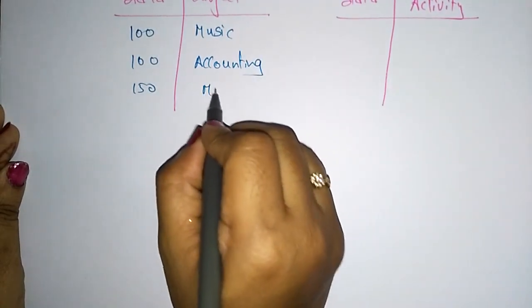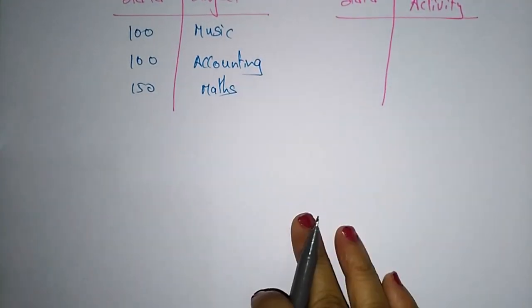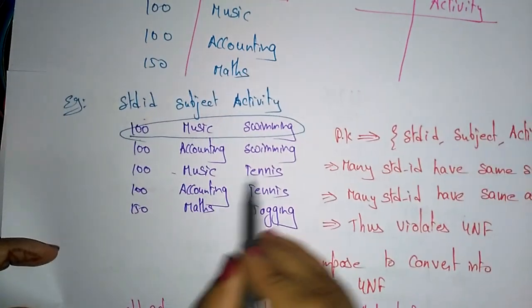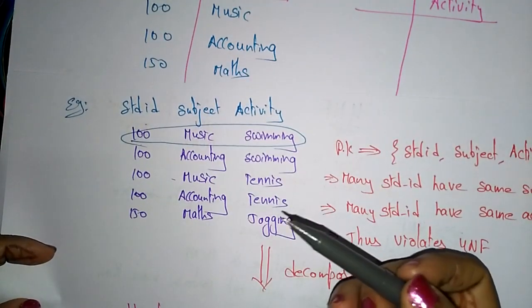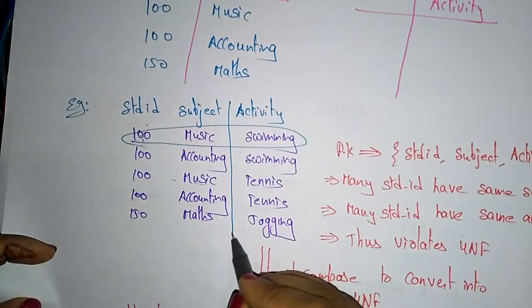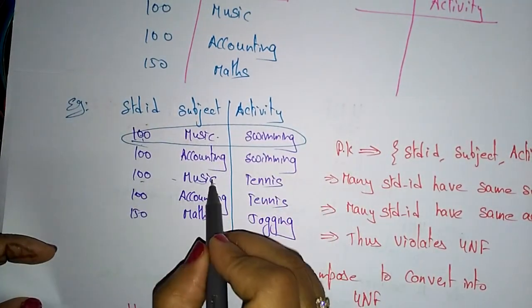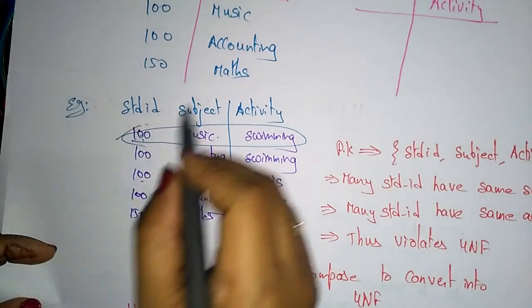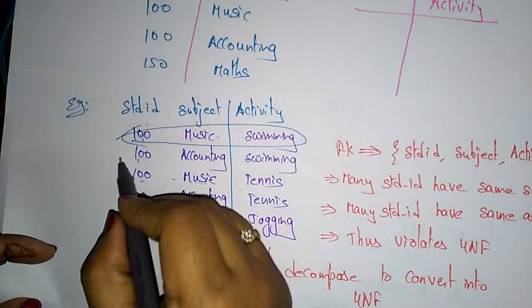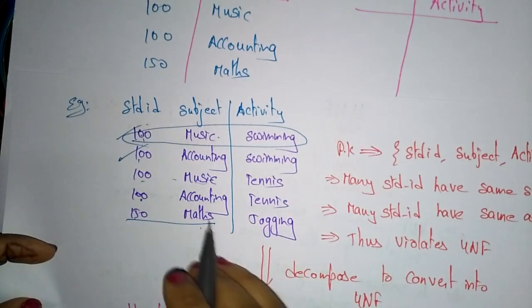Here I am eliminating the redundant data: instead of repeating rows, I am taking just one item. So 100 is music, 100 is accounting, and 150 is the other student.